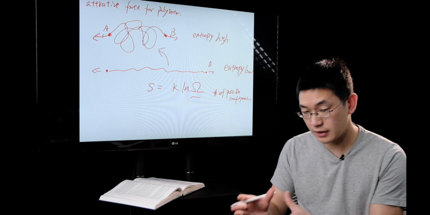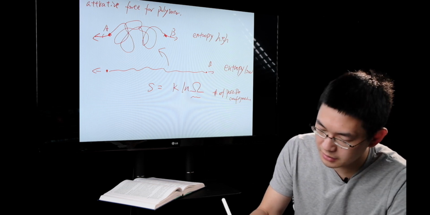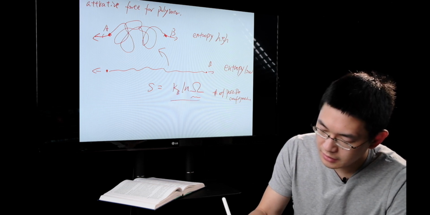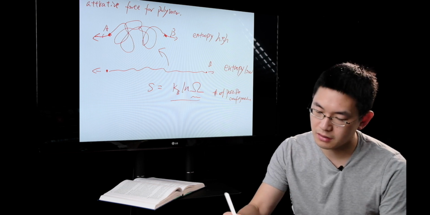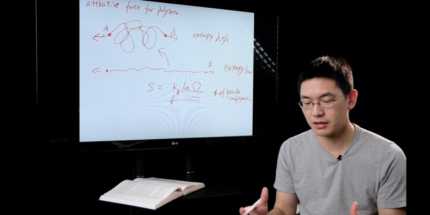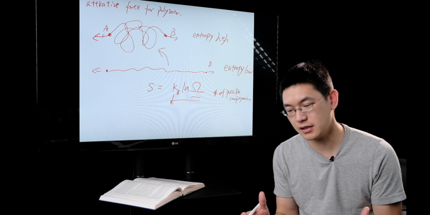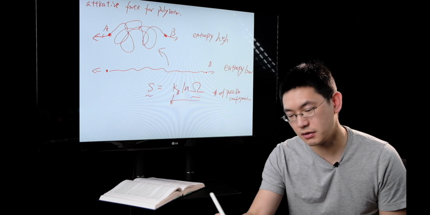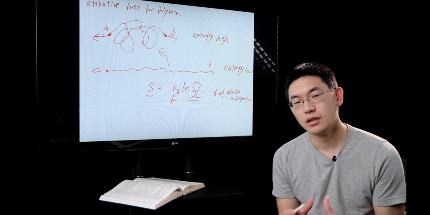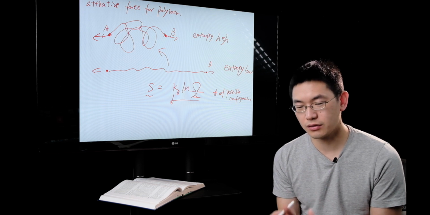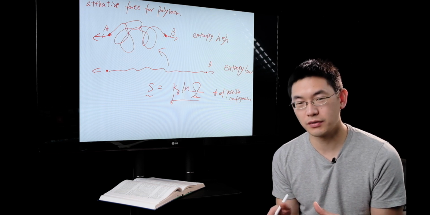Does everybody understand what this is? And again, this kB is the Boltzmann constant. It's just a constant value that you don't need to worry about. And entropy is directly proportional to the number of states your system can possibly configure to reach.